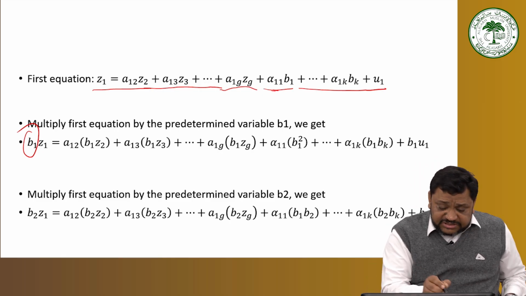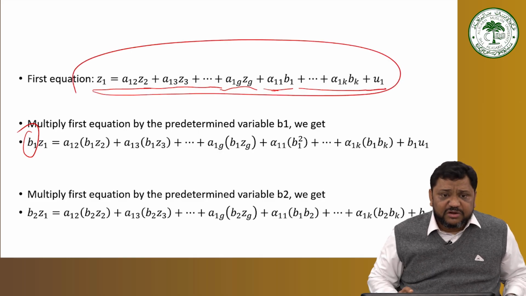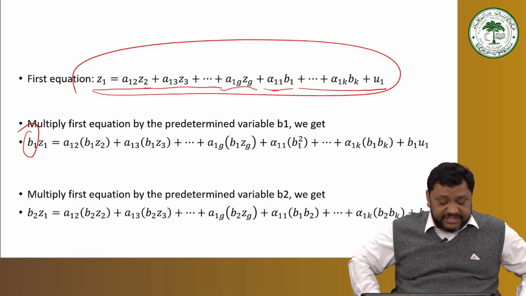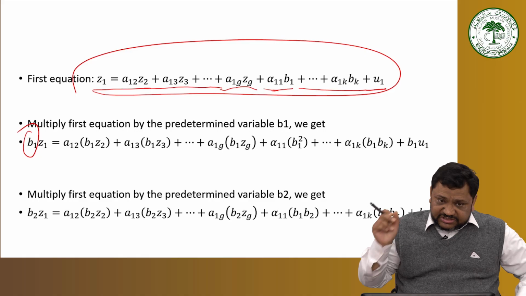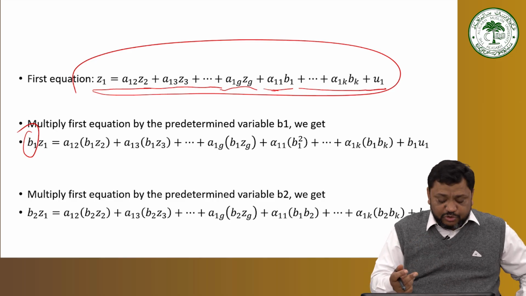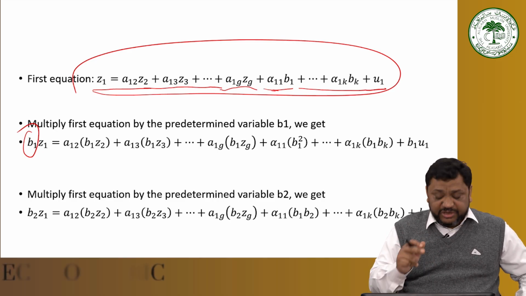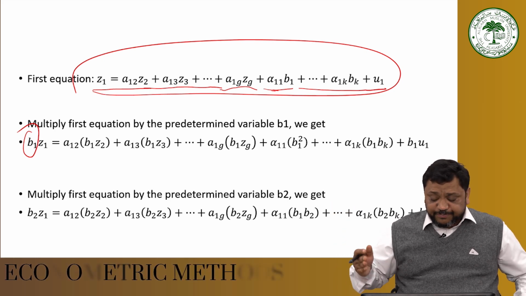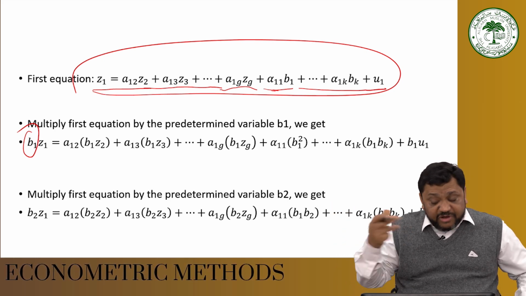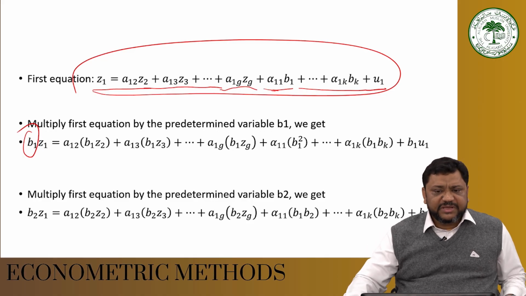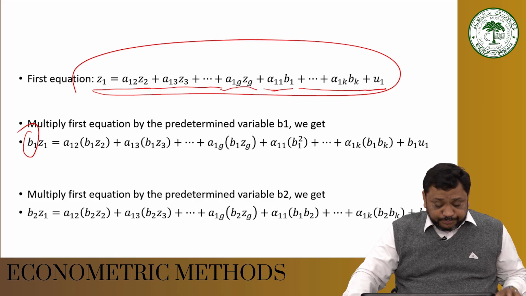Plus B1 U1. Now the same first equation Z1 is next multiplied by the second predetermined variable, B2. So we get B2 Z1 equal to A12 B2 Z2 plus A13 B2 Z3 extending up till A1G B2 Zg plus alpha 11 B1 B2 plus extending up till alpha 1k B2 Bk plus B2 U1.